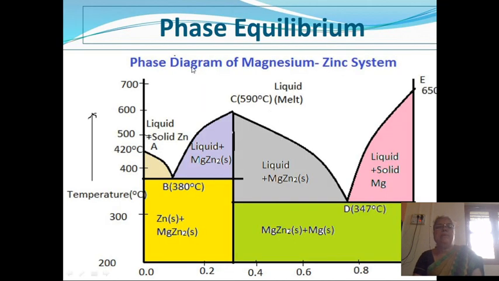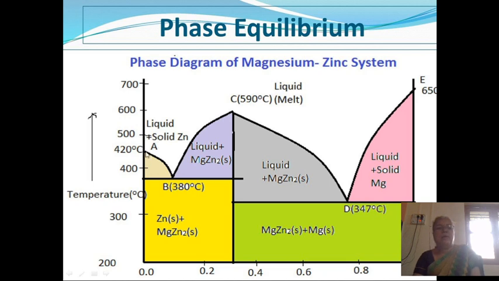Then see this example again, the magnesium zinc system. Though it is not included in your syllabus, the phase diagram of the zinc magnesium system is a system with formation of a congruent melting point.